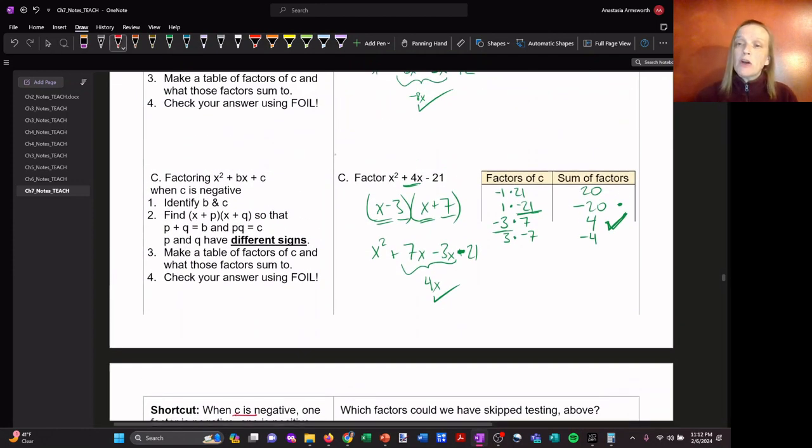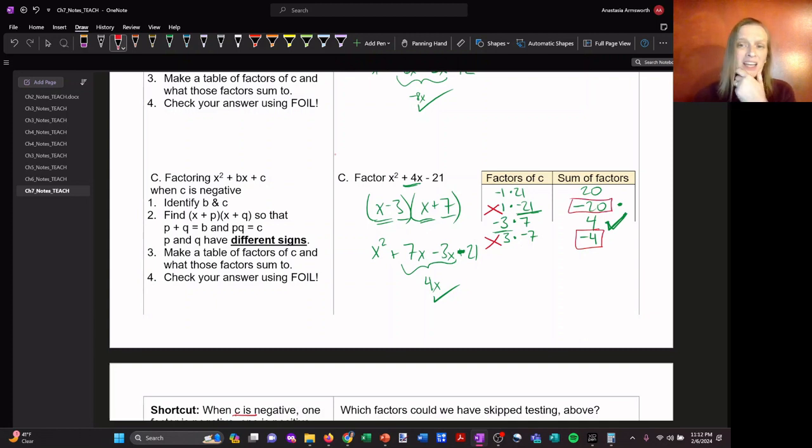So if we look up here, there are a couple factors we could have skipped testing. We didn't really need to test this one because this was always going to give us a negative number. We didn't really need to test this one because this one was always going to give us a negative number for b.